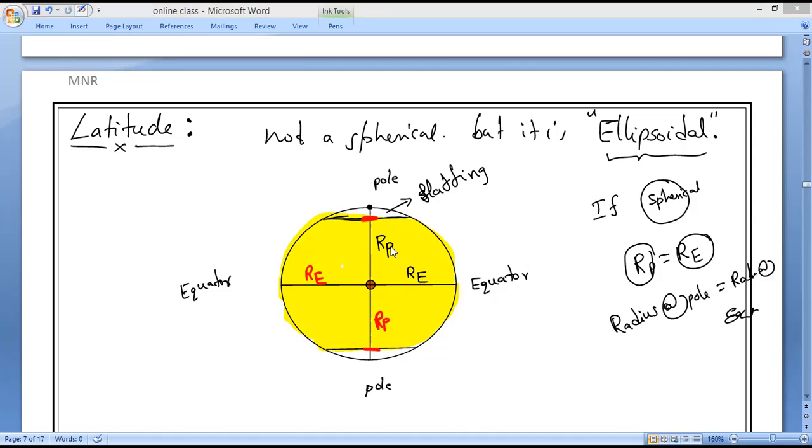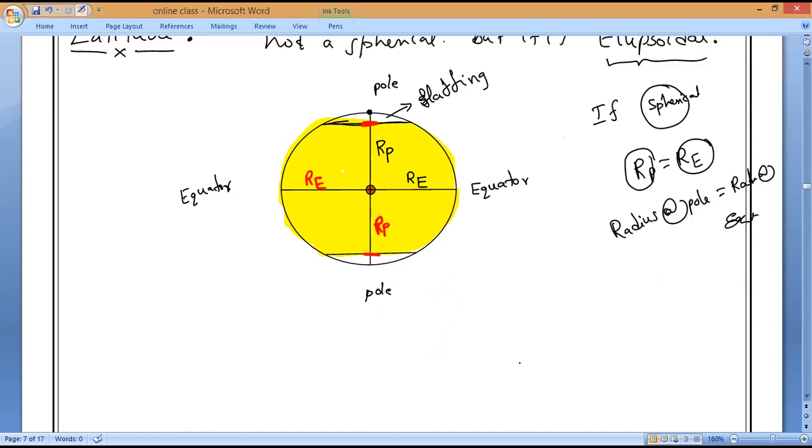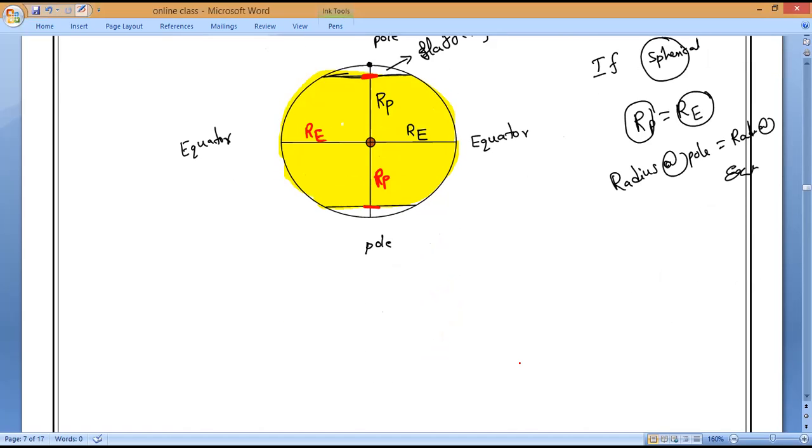Is the radius at the pole more or the radius at the equator more? The radius at equator is greater than the radius at poles. Will you accept it or not? Yes, that's all. So radius at equator is greater than radius at poles.